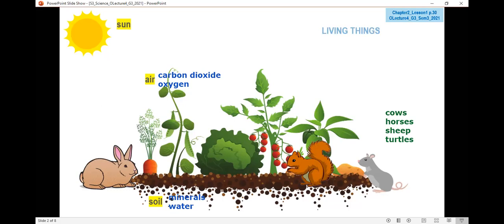Animals and plants are living things. Why do we consider them as living things? Because they need several elements to live, and at the end of their lives, they die. They also grow and reproduce. So animals and plants are living things.